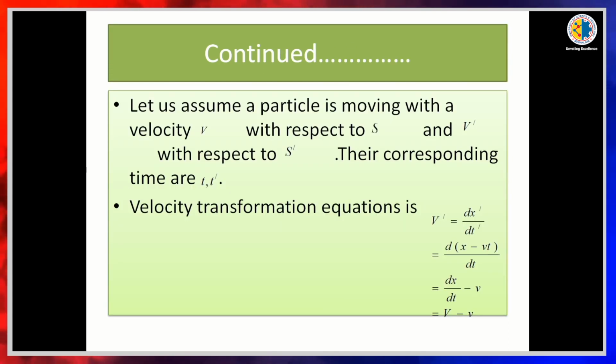Let us assume a particle is moving with a velocity v with respect to S and v dash with respect to S dash. So, we consider a particle which has two coordinates according to S frame and S dash frame, and respective times t and t dash.